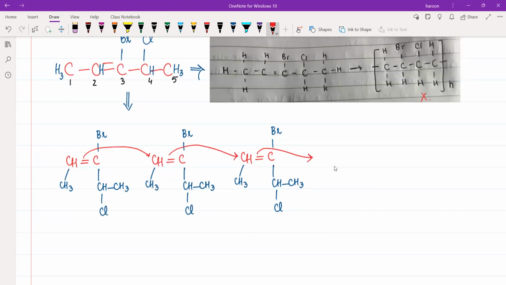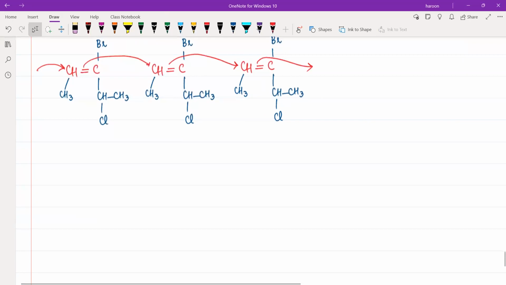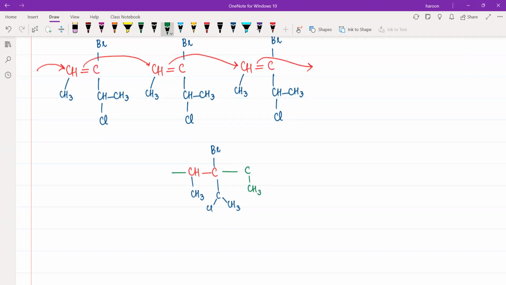So we can make it like C, CH3, Br, C, Cl, CH3, making a polymer bond here with this C having this CH3 group, with this C attached with carbon.